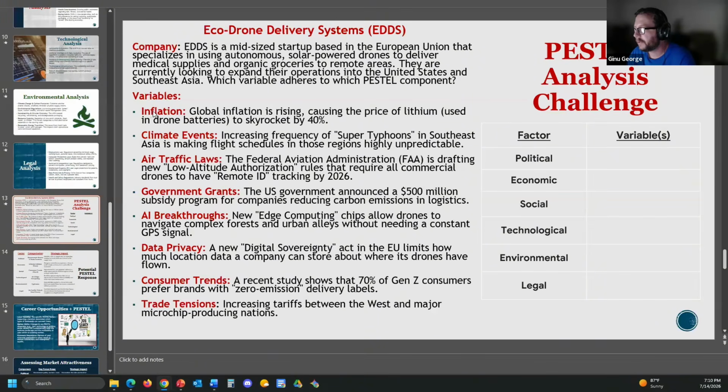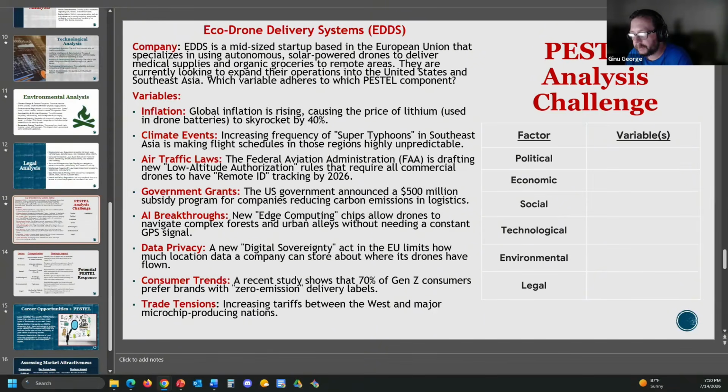So inflation, I would put that under political factor. Global inflation is causing the price of lithium batteries to skyrocket. That's political, I think. Climate events, I would put that under environmental, which I believe a couple of us did.